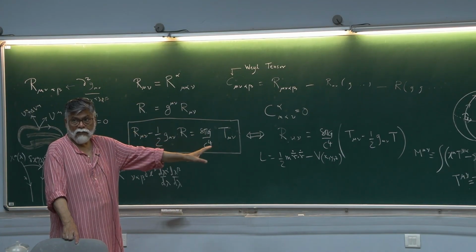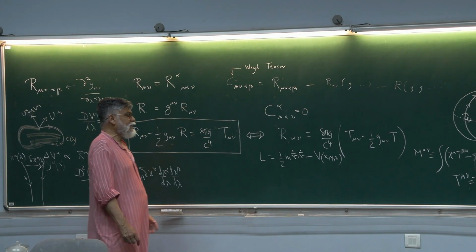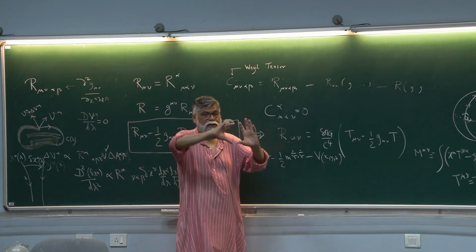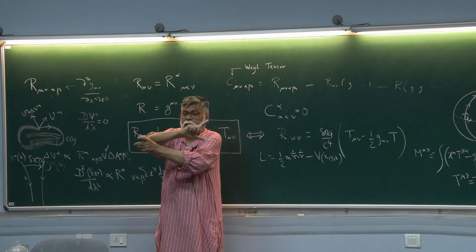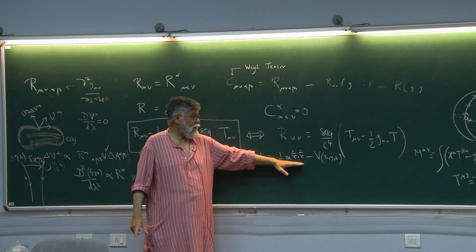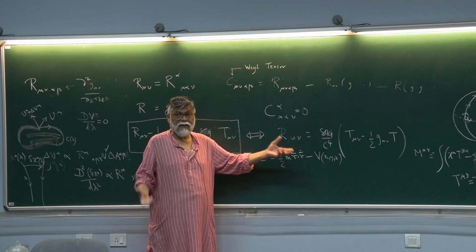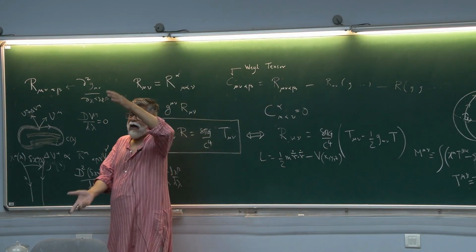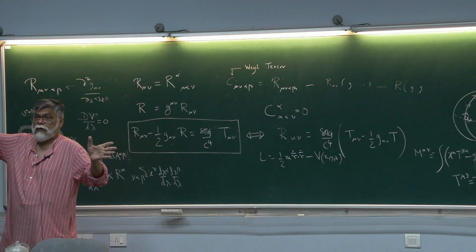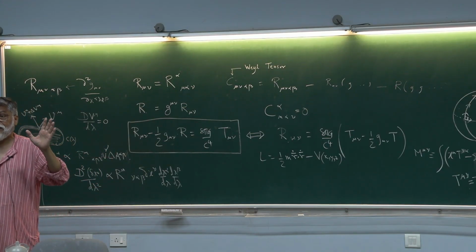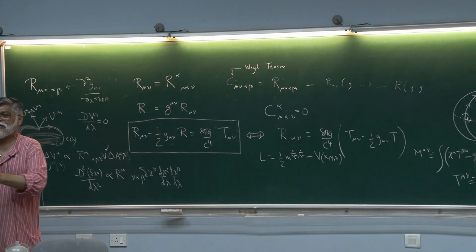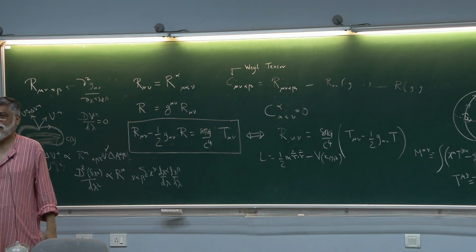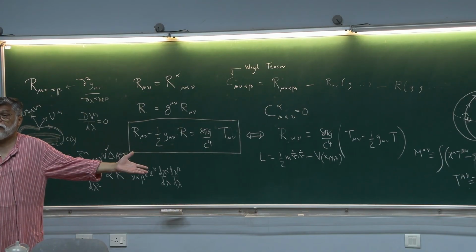Linear momentum will not be conserved. But supposing V is such that when you rotate the coordinate axes, the Lagrangian is invariant. This part is invariant, r dot is a dot product of two vectors, under rotation it will not change. But if V of x, y, z is such a function that under rotation of coordinate system is invariant, then angular momentum will be conserved.